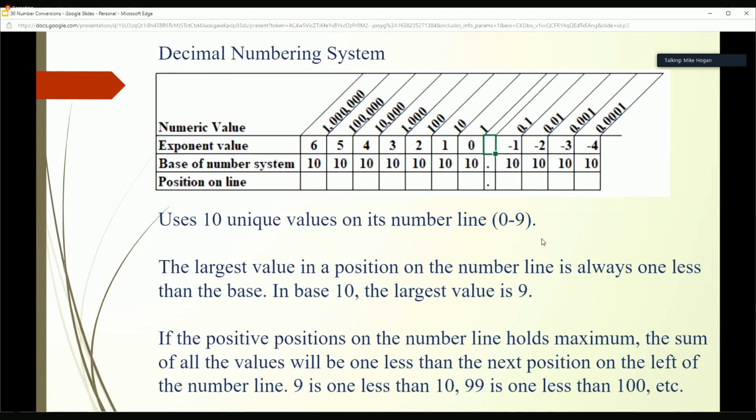We already know base 2, binary, bi meaning 2, base 2. Well, base 2, there's 2 unique characters, a 0 and a 1, right? And so we have to remember when we're thinking about this numbering system, we can't forget 0, right? It's easy to remember 0 in binary.